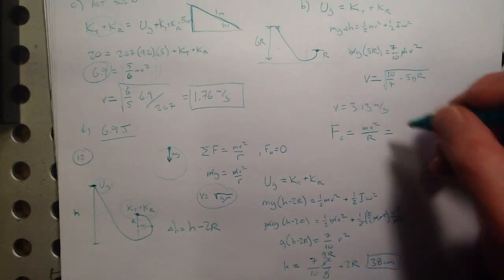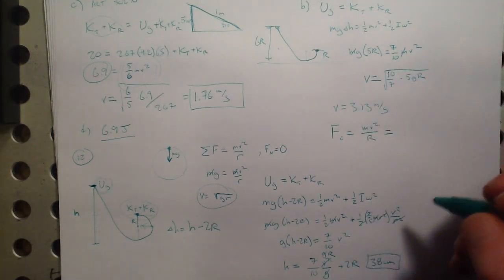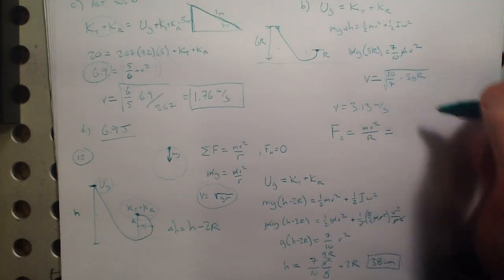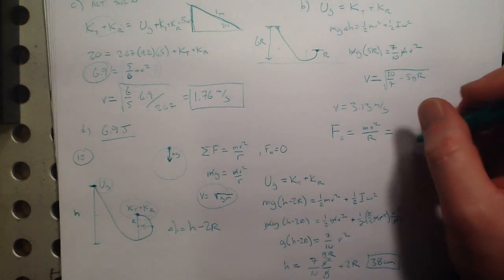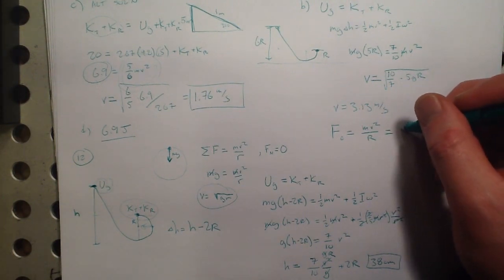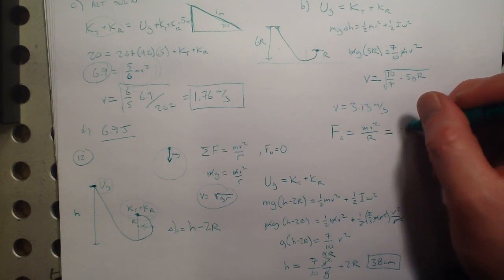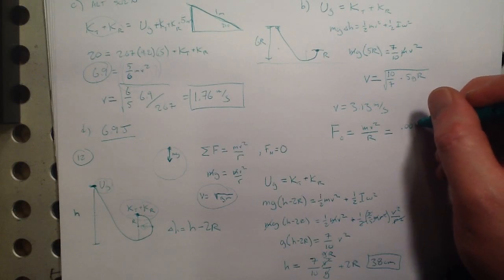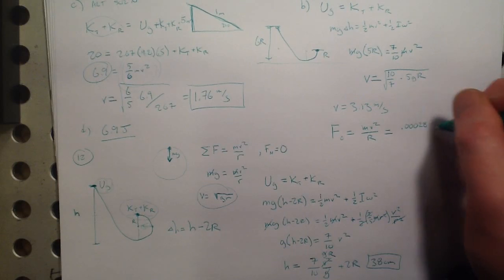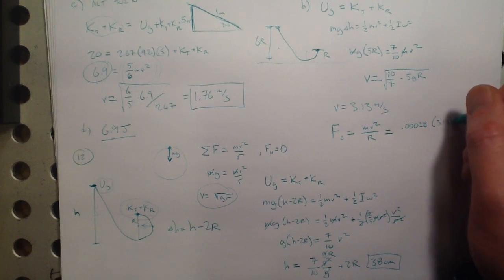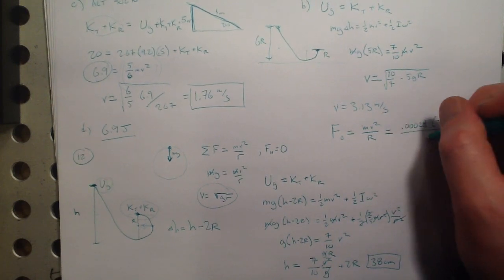So I guess since I found that, I'll just use that number, right? You could use this form of it, which would be interesting, maybe. So I'm going to just do m, what was the mass? It was really small, wasn't it? 0.00028 kilograms times the velocity squared over r.